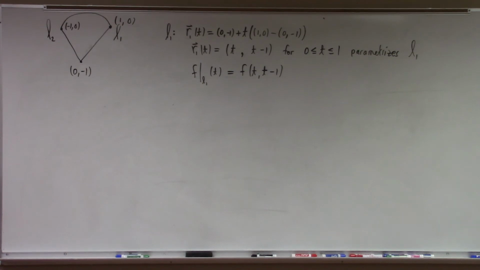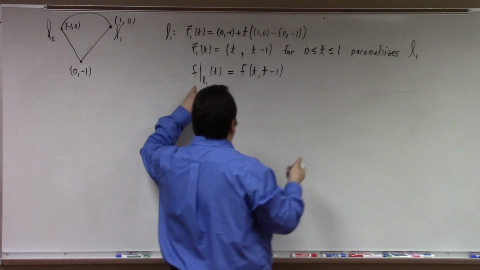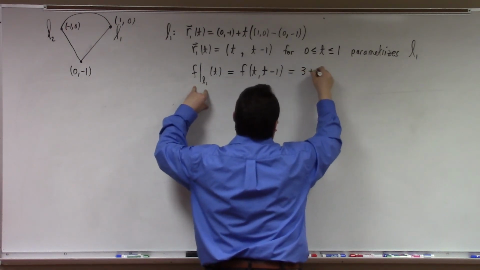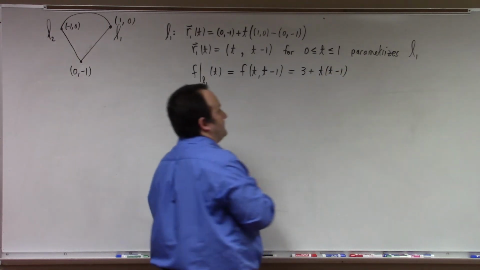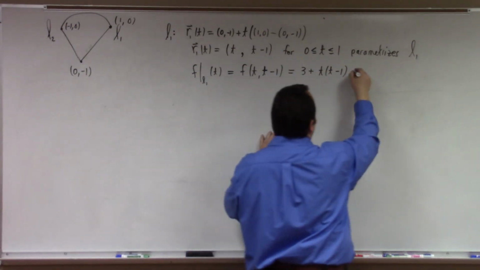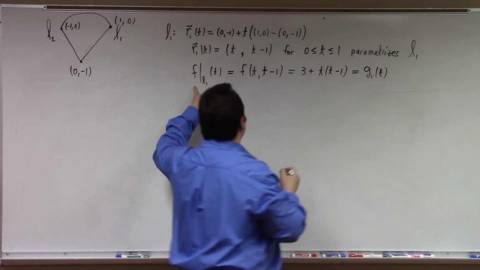I'll call this g sub 1 or something, if you look at old solutions to problems I've written. But it's the restriction of f to that line. What is that equal to here? It's 3 plus xy, which is t times t minus 1. Actually, at this point, I'm going to give it a name. Let's call this g1 of t, because I get sick of writing that.